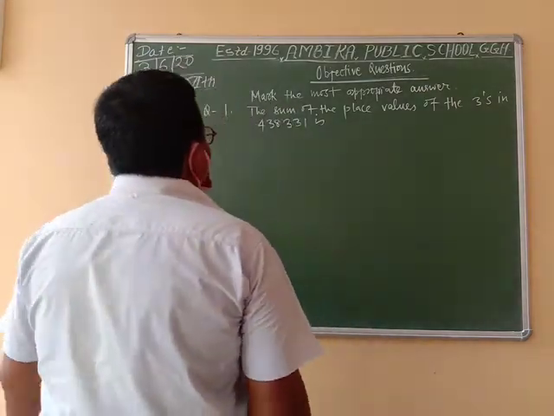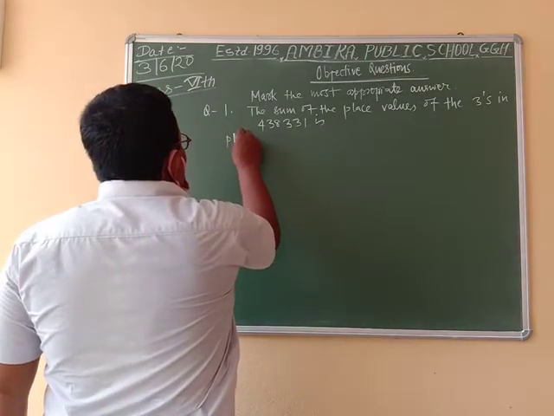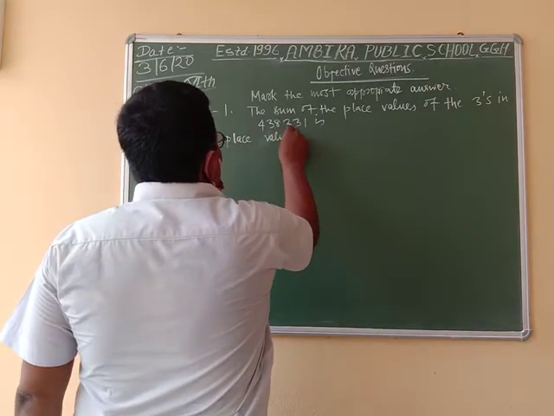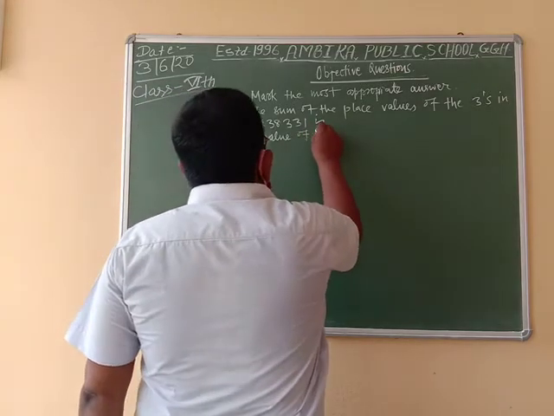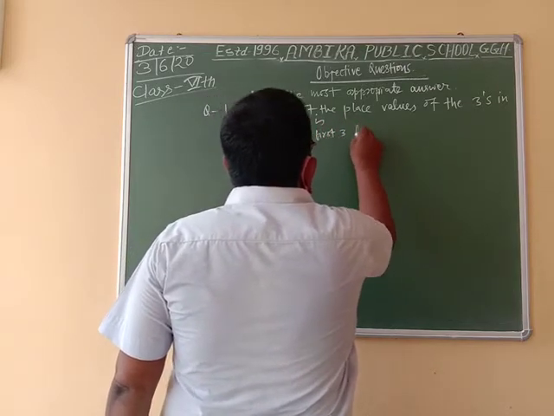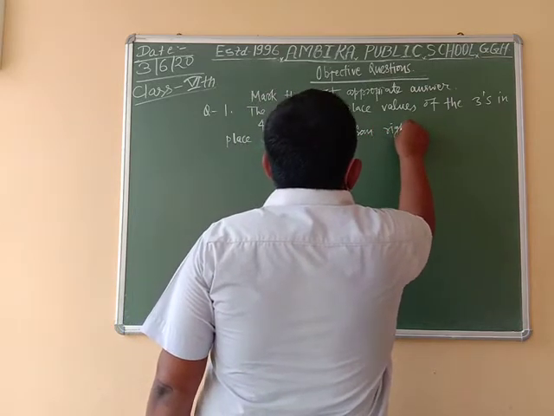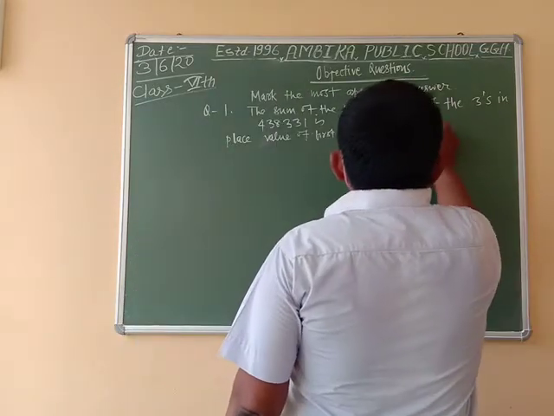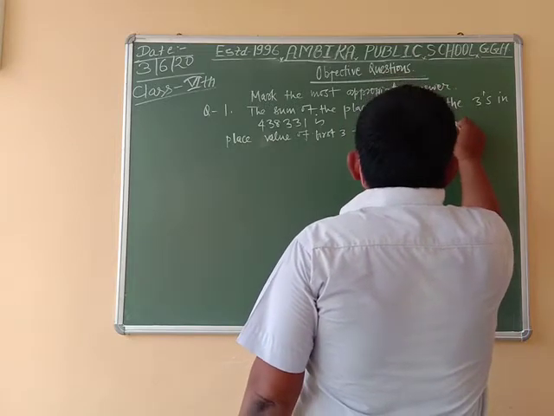Place value of the first 3 from the right is equal to 30.